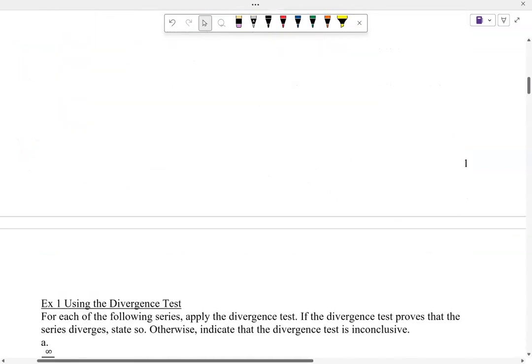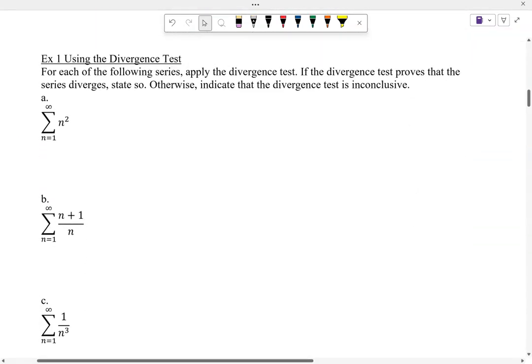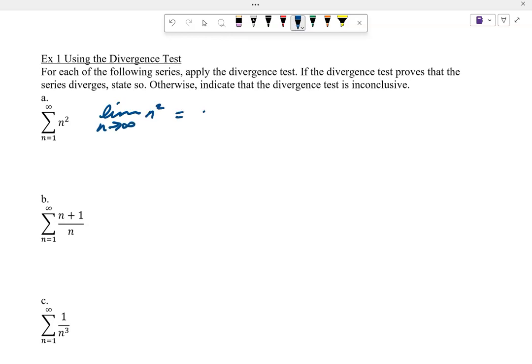So let's go ahead and use the nth term test for divergence here on each of these. To start out, looks like we've got the series of n squared, n equaling 1 to infinity. Let's go ahead and see what our limit is. And notice we get infinity, which is not 0.